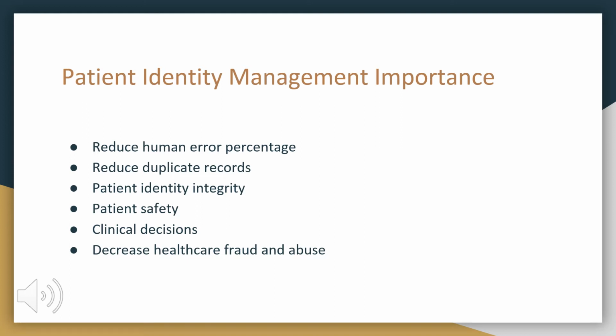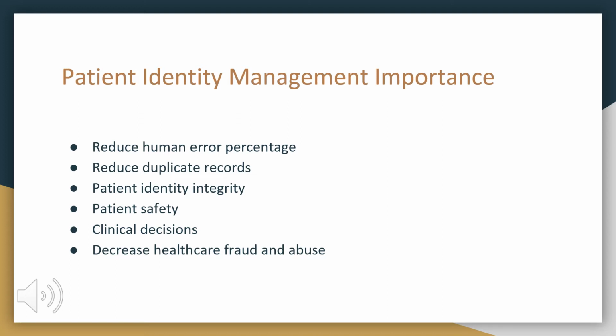If we have duplicate records, it creates fragmented patient data and it can lead to redundant or unnecessary care. This disjointed data will also make it difficult for providers to make decisions about patient care. Therefore, with patient identity management, we can ensure that clinical decisions will be improved, therefore not jeopardizing the patient's safety.